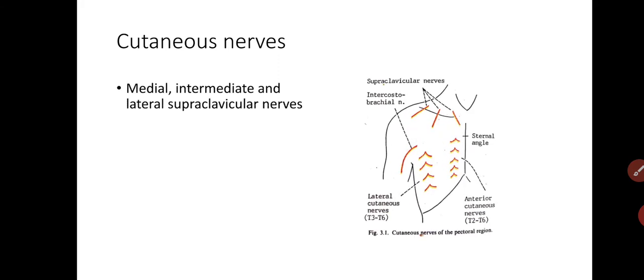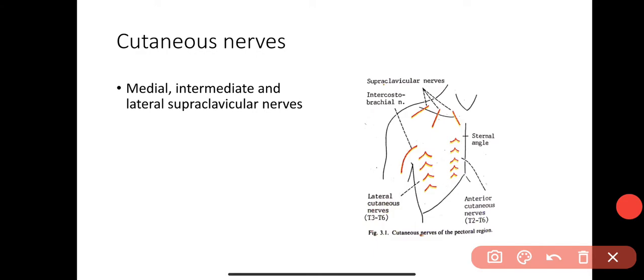Now the cutaneous nerves. There are different nerves. First are the medial, intermediate, and lateral supraclavicular nerves. This is the supraclavicular nerve just above the clavicle. Because of its location, it is medial, intermediate, and lateral.